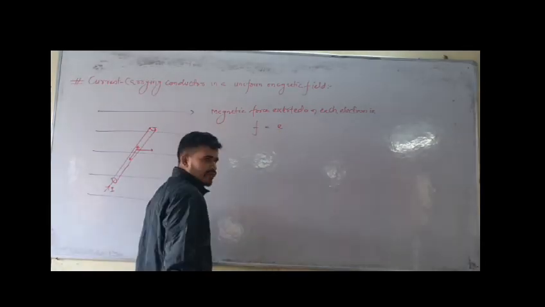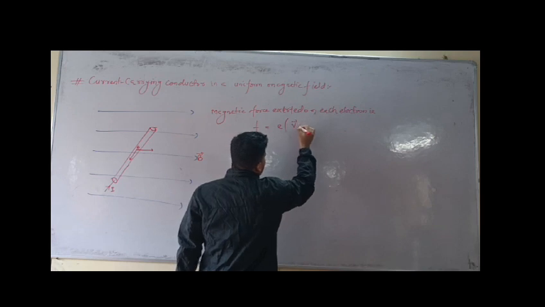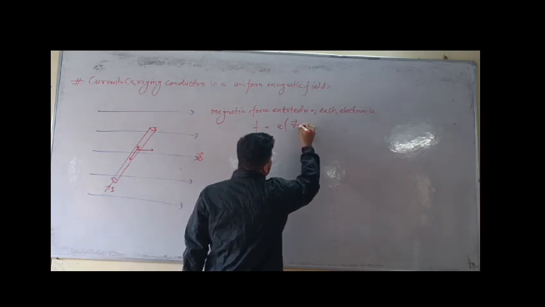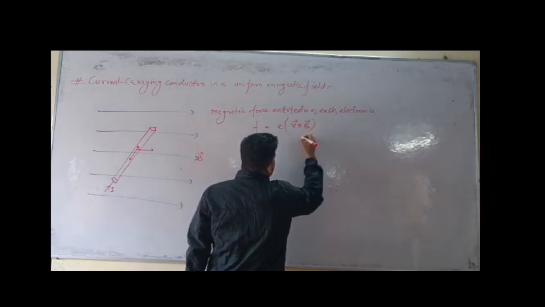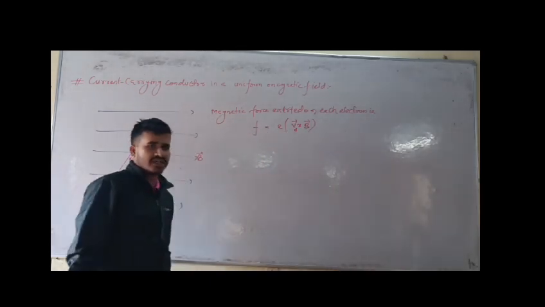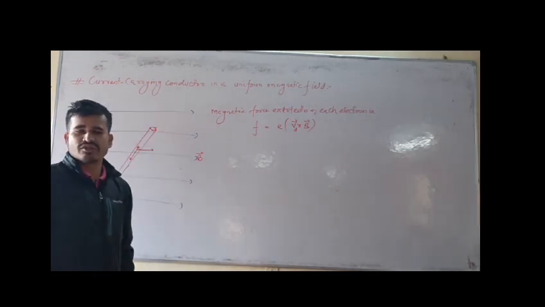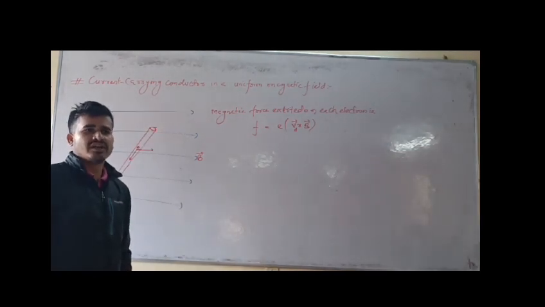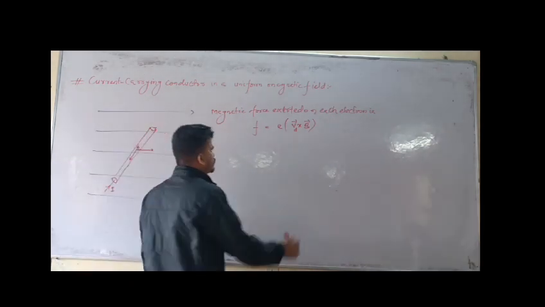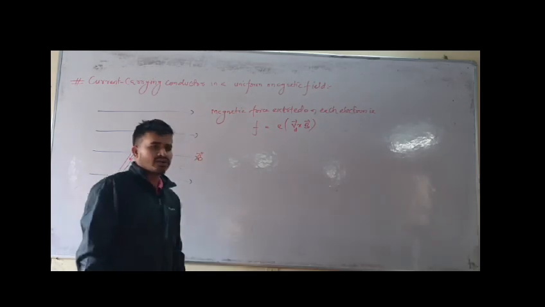Q V cross B. Here V is actually V D, the drift velocity, na? Currents are moving, electrons are moving with drift velocity. Is it for one electron, na?